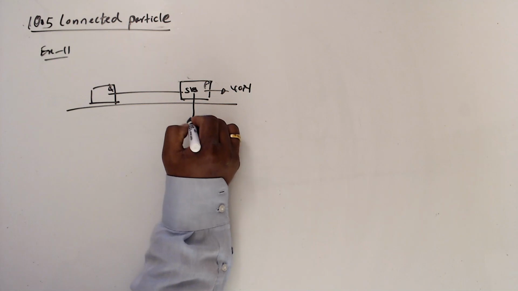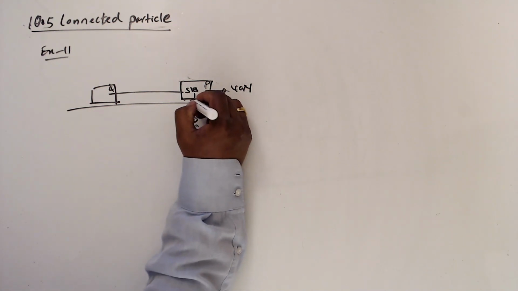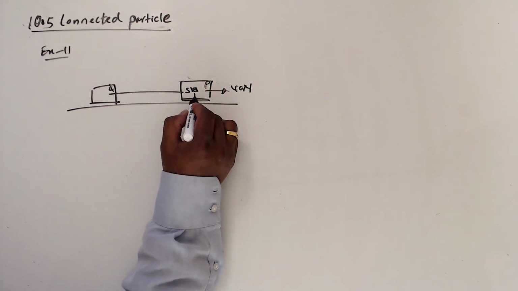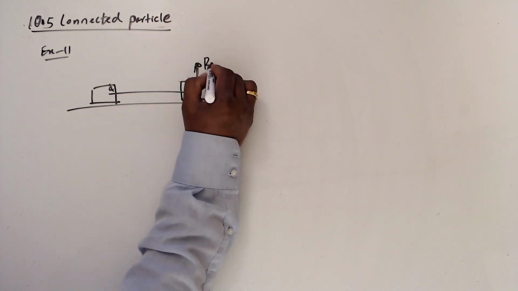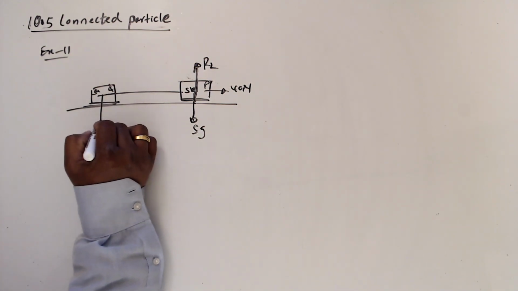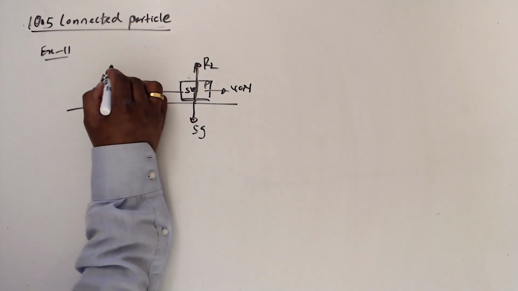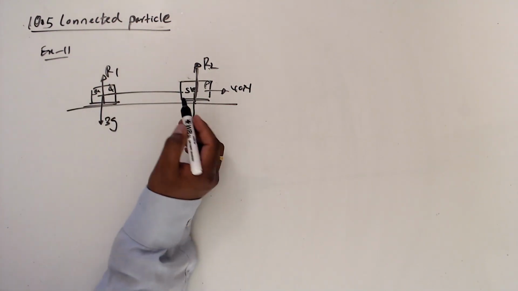Because of that it has a weight 5g, and it touches the surface, so we get a normal force R2, and this is 3 kg. It touches this surface, so we get the normal force R1.